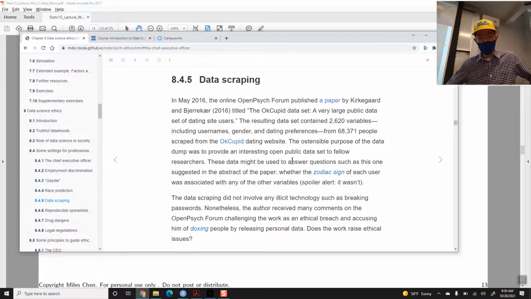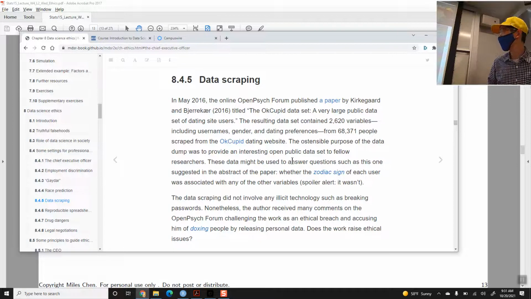OkCupid is a dating website, and the data set that they scraped came from 68,371 real people, and they gathered a whole bunch of different variables in some kind of data dump.